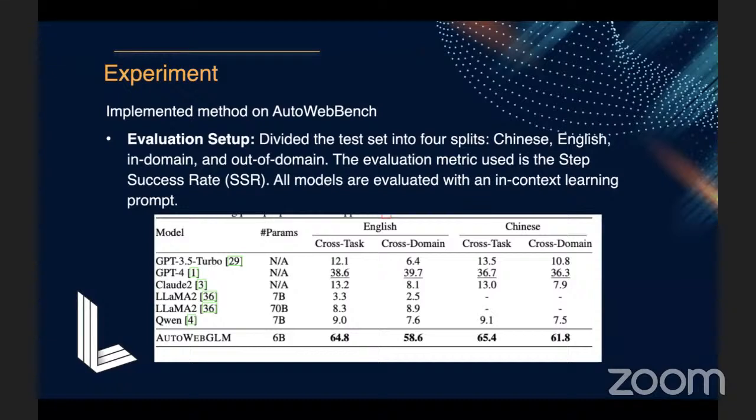We can also see that Qwen models with 7 billion parameters have about 9% cross-task and cross domain of 7.6 percent. From this evaluation of step success rate, we can compare that the AutoWebGLM model performs best with 6 billion parameters. Its cross-task efficiency is 64% and cross domain efficiency is 58.6. In Chinese, the cross-task efficiency is 65% and cross domain efficiency is 61%.